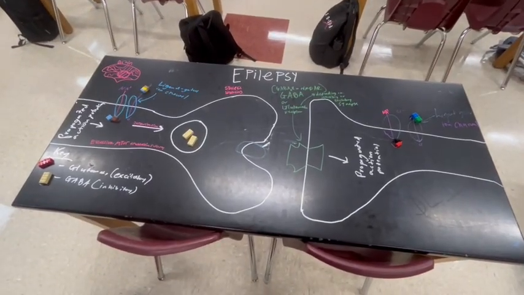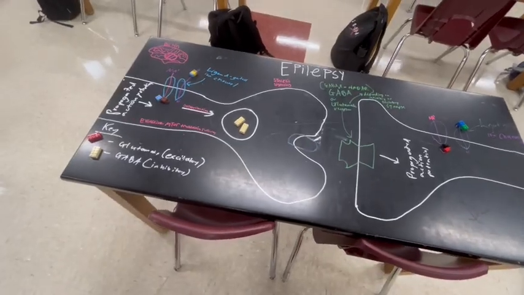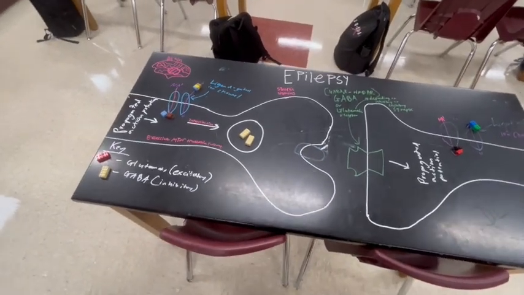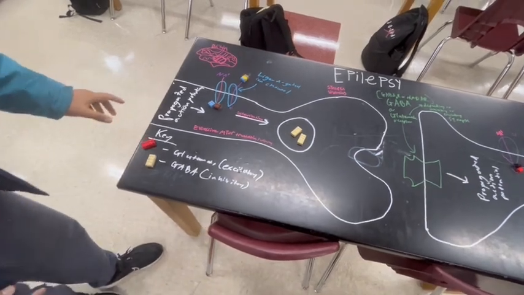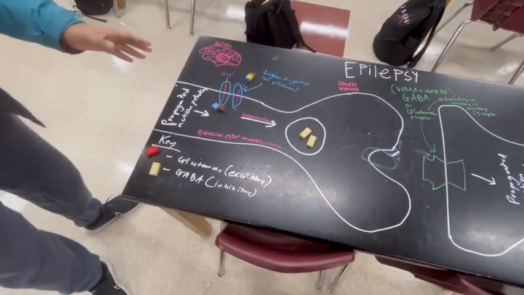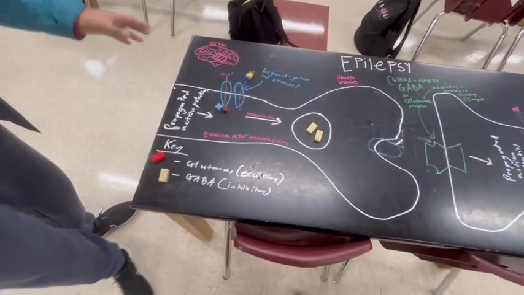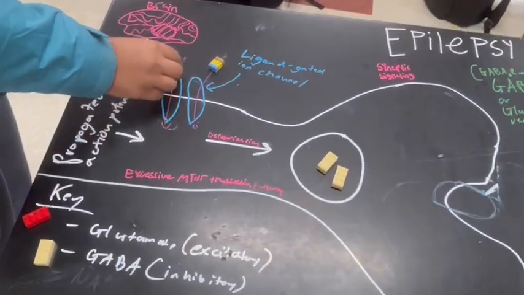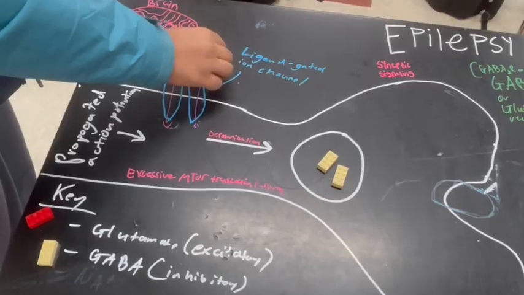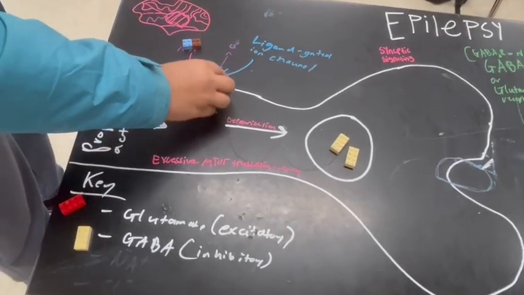Now this is a demonstration of an inhibitory synapse in neurons. So a propagated action potential this time, showing that there must be an inhibitory signal, causes positive ions to go outside the neuron and negative ions to go inside.